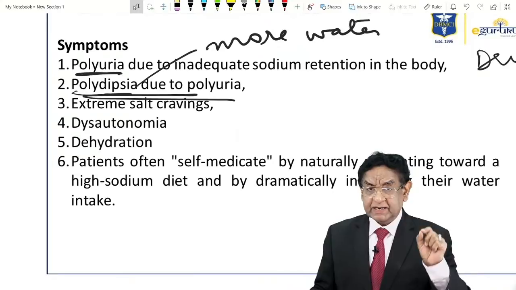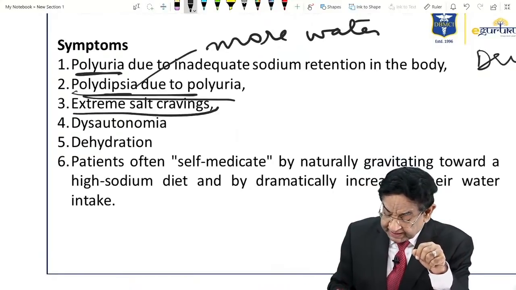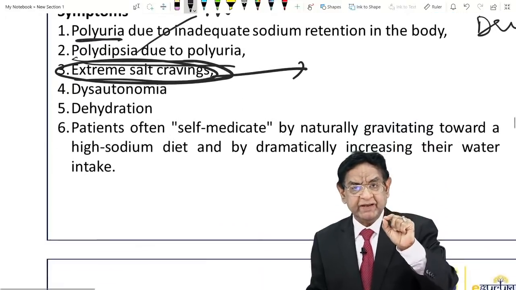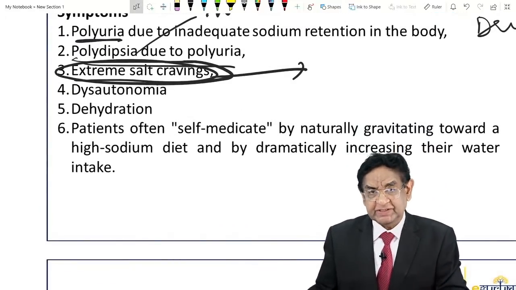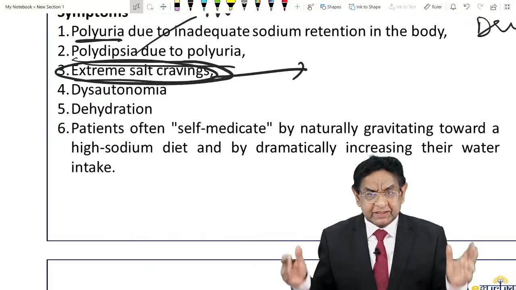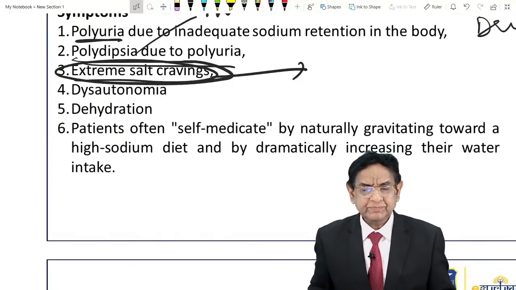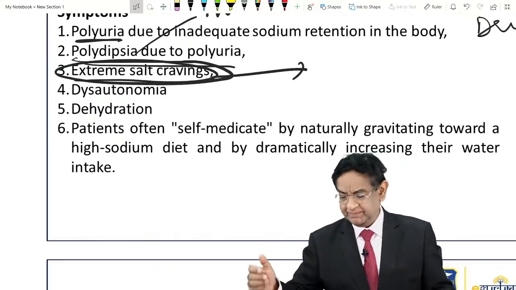Now a single keyword, salt craving. If you get salt craving, you are dealing with cerebral salt wasting syndrome. This gentleman always wants to take salt. I give you a day-to-day example.